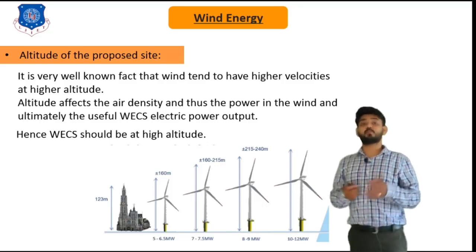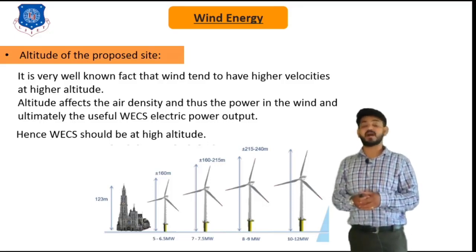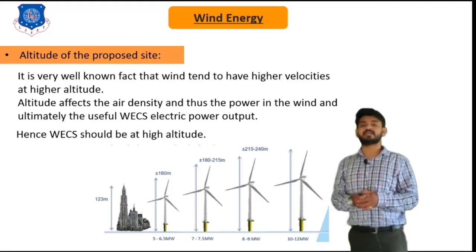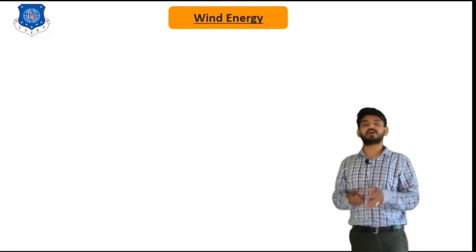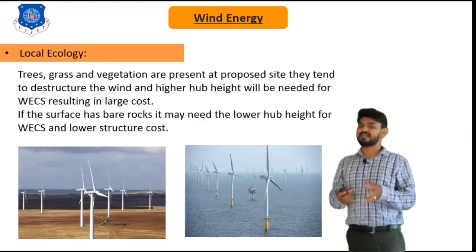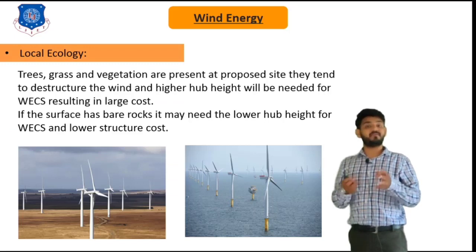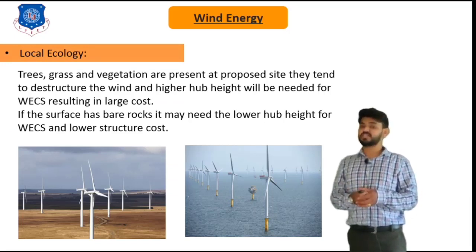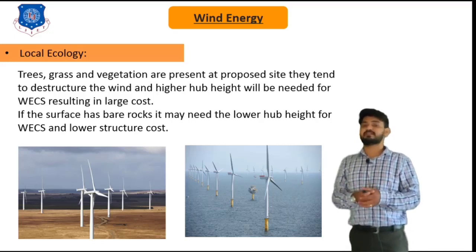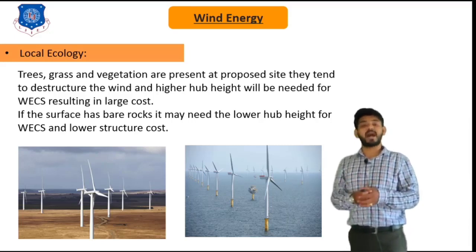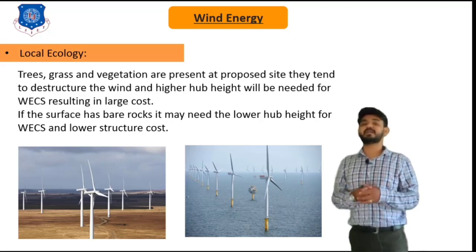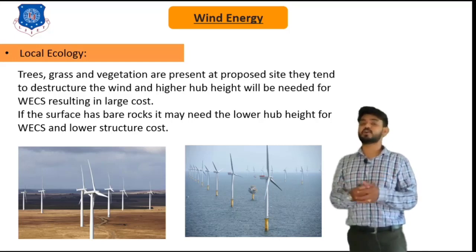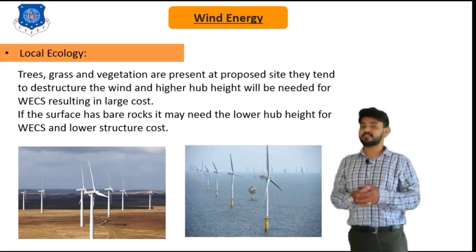Now let's move to the next criteria for selecting a site for a wind energy conversion system, and that is local ecology. Trees, grass and vegetation present near the site destructure the wind. That means it requires a greater height for the turbine hub, which ultimately increases the total cost of the wind energy conversion system.